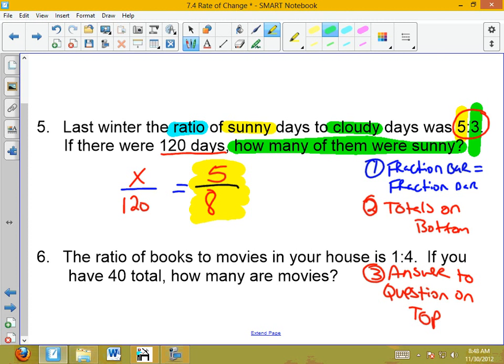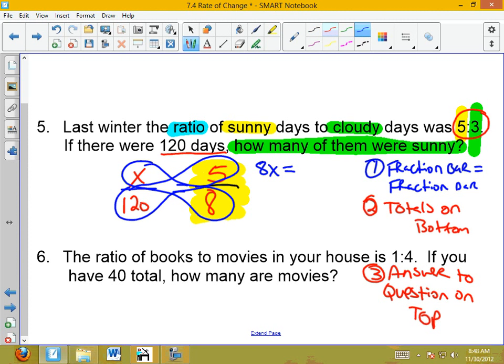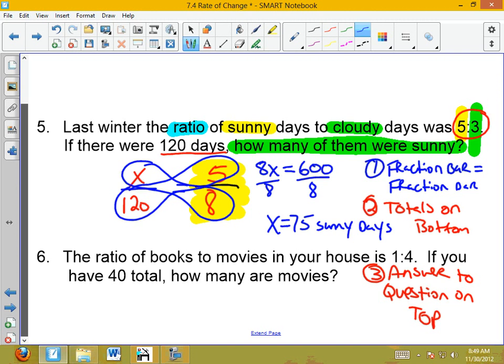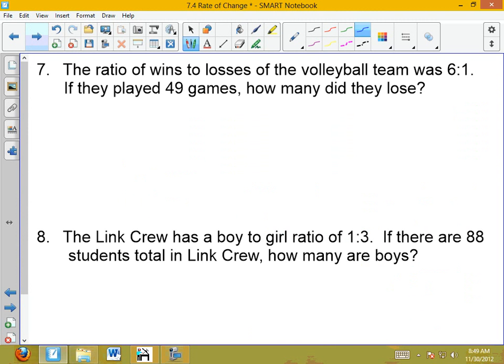When I cross multiply, I get 8x equals 120 times 5, 600. Divide both sides by 8. X equals 75. 75 what? Sunny days. Not days, sunny days. There you go. That's all, folks. That's what we're doing.